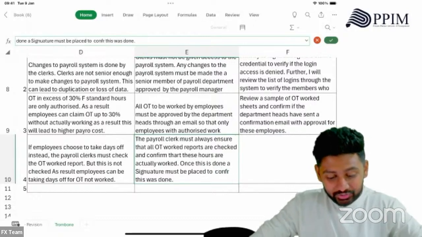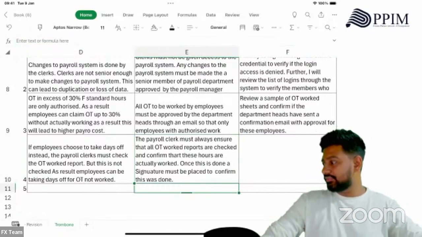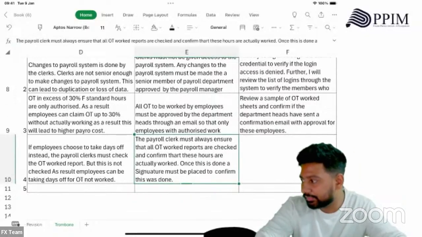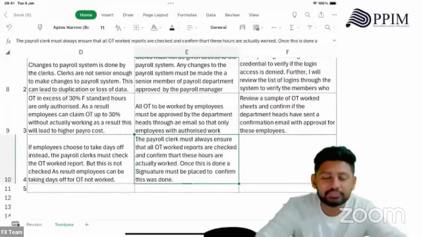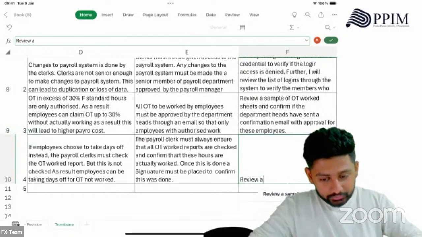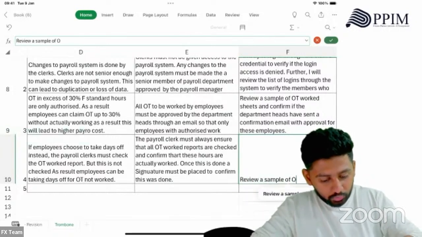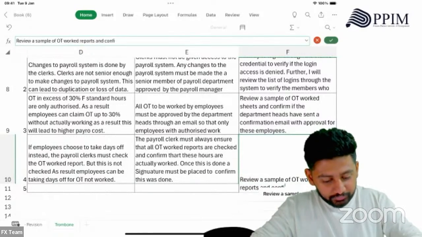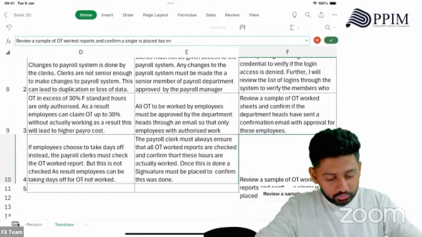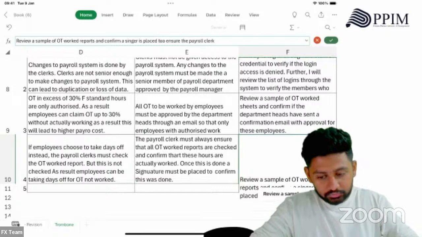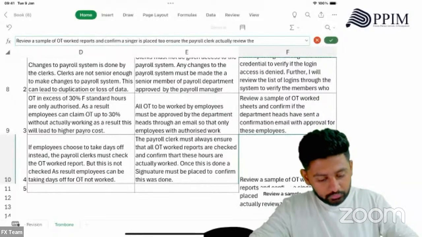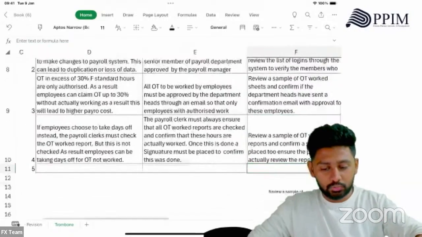You have to connect that to the control. Review a sample of overtime sheets. Brilliant. Overtime work reports to confirm that the signature is placed. Well done, Terza. Well done, Inshifa. Not emails, Afzal. Review a sample of OT work reports and confirm a signature is placed to ensure the payroll clerk actually reviewed the report. There you go.